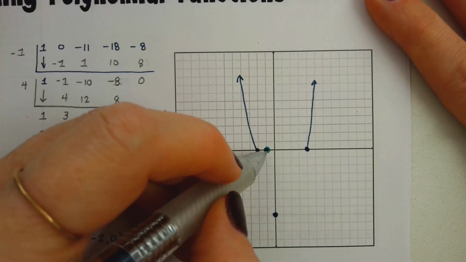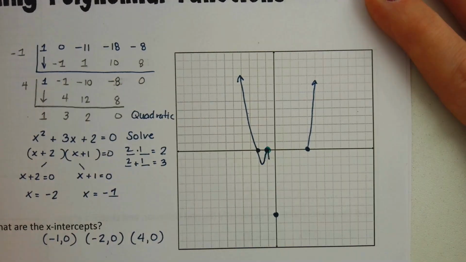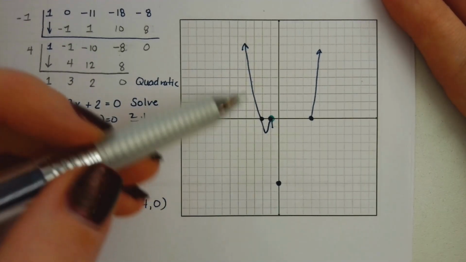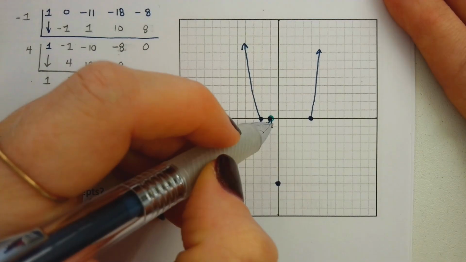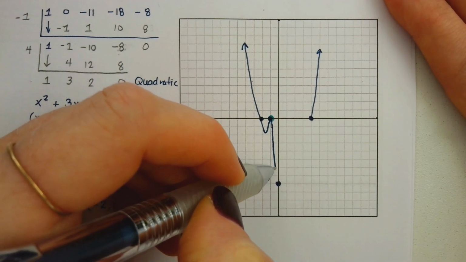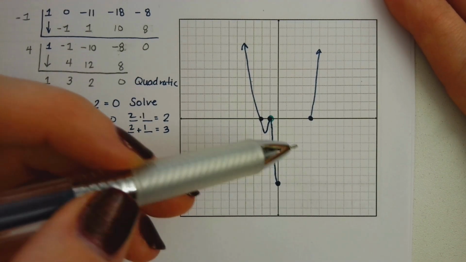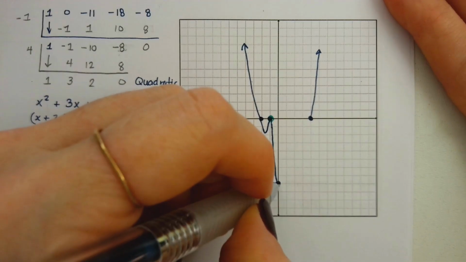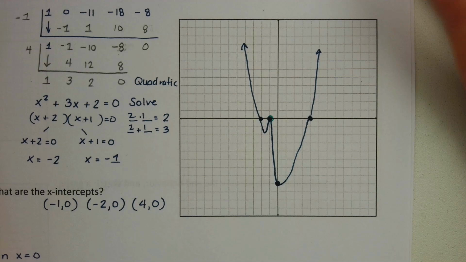So when it's a double root, it doesn't pass through it, it just taps it and turns right back around again. And I know it needs to turn right back around because the next point I have to get working left to right is this y-intercept. So it's going to need to go downwards to get that y-intercept. And then the next point it needs to connect to is this +4 over here. So it's going to pass through the y-intercept and then come back and get that +4.